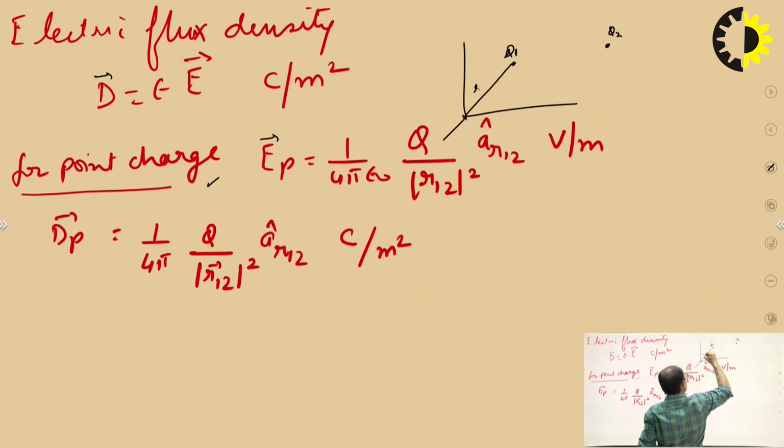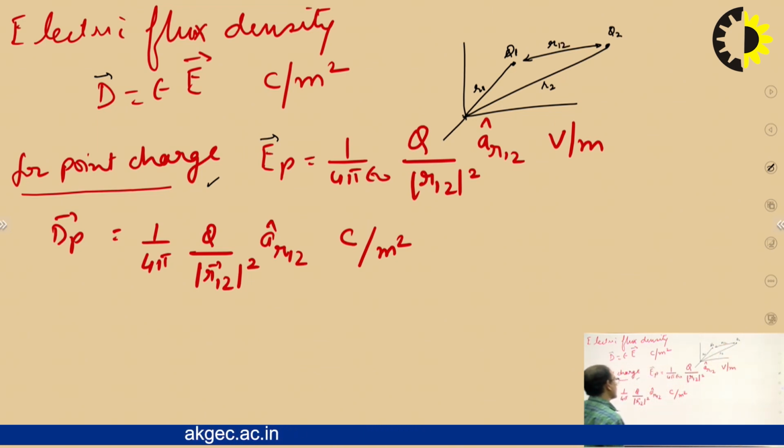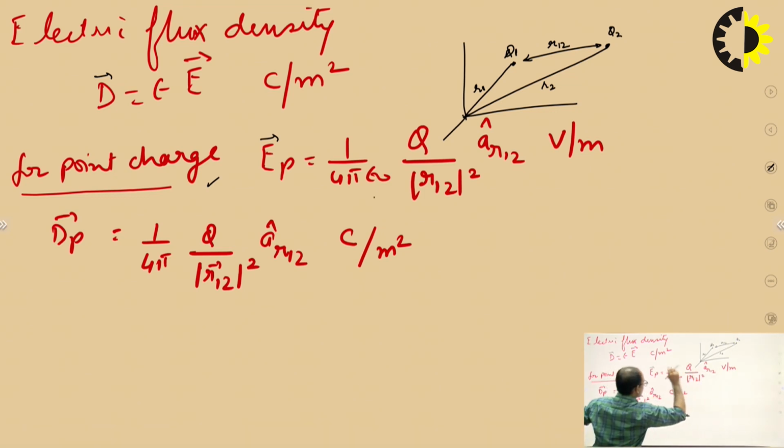So this is r1 and this will be r2. So r12 will be the distance between these two. Clear? So electric field equals 1 upon 4 pi epsilon, q upon r12 whole square, into a cap r12.